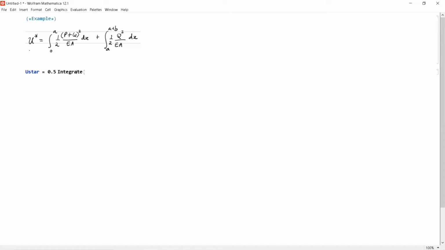You don't have to put the 0.5. You don't have to put a star there. And then I have P plus Q squared divided by EA. And I'm integrating that for x from 0 to A.